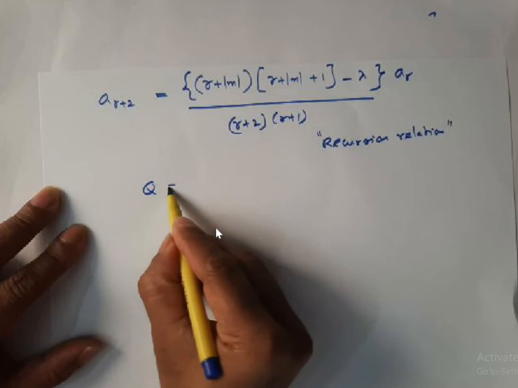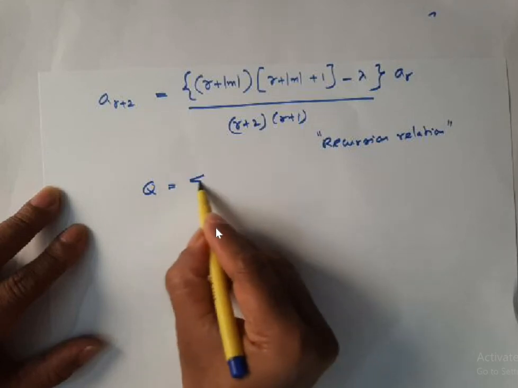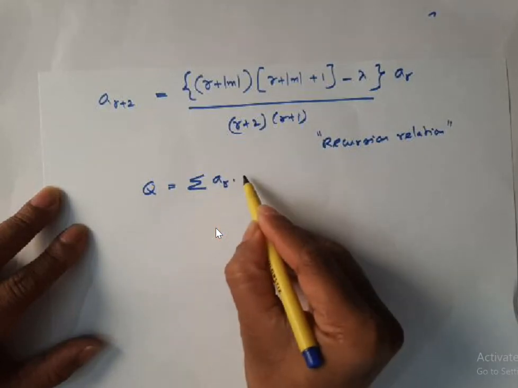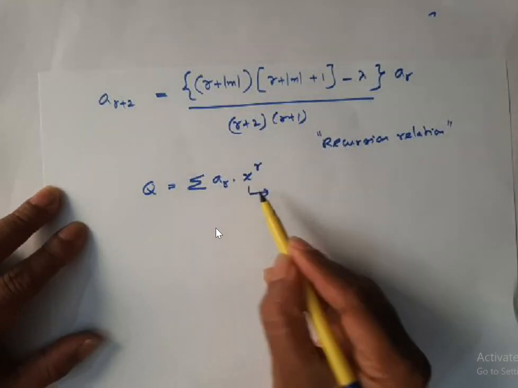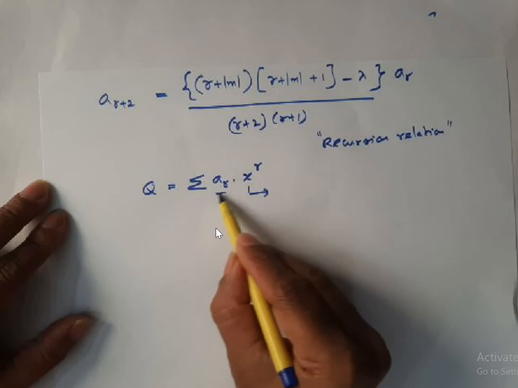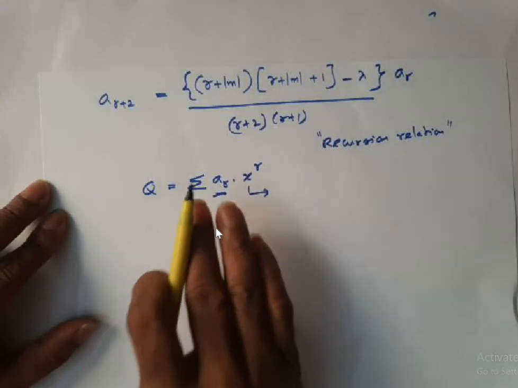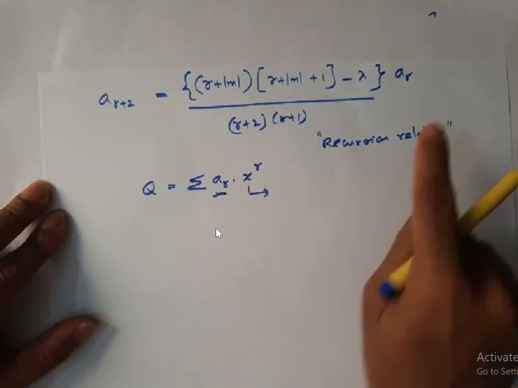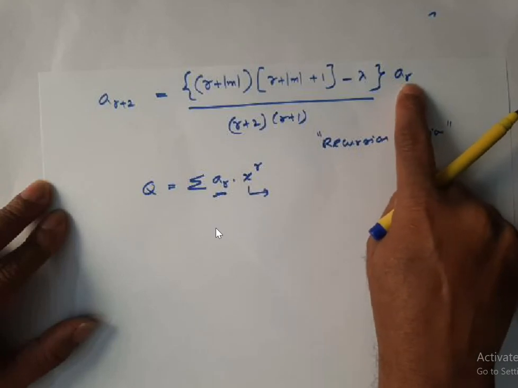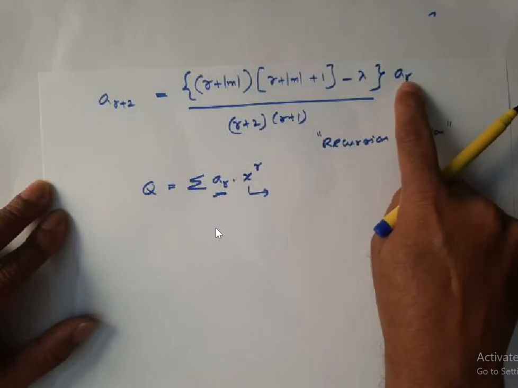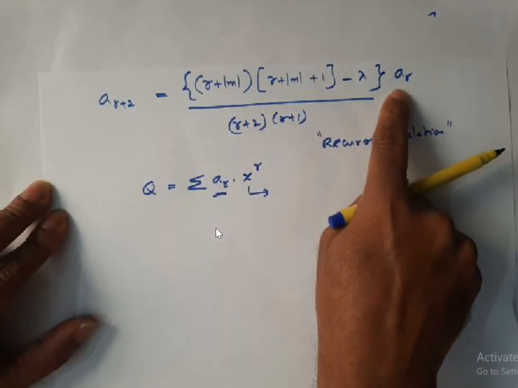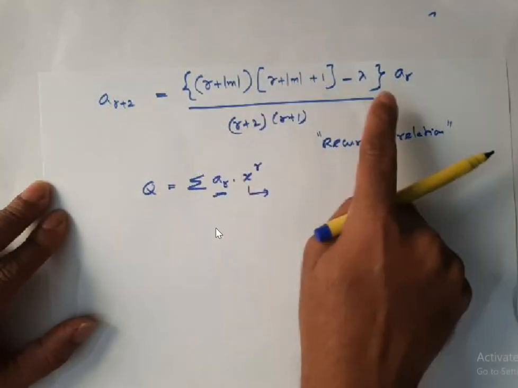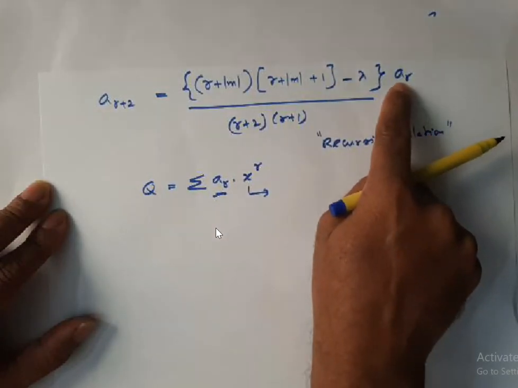You know very well, we have defined the function q as summation ar into x power r. I know what x is: x is nothing but cos theta. I don't know the coefficients, so the goal is to find the coefficients. If I put r equals 0 and know a0, then I'll get the a2 term. If I get a2, I'll get the a4 coefficient.